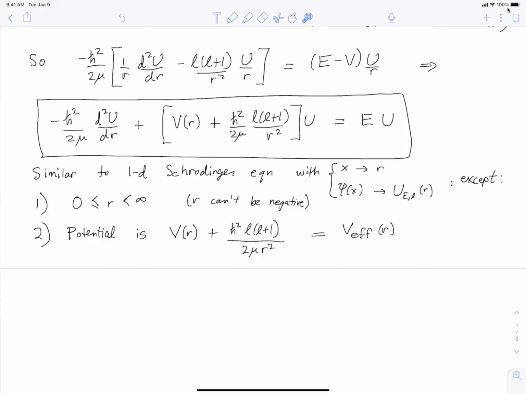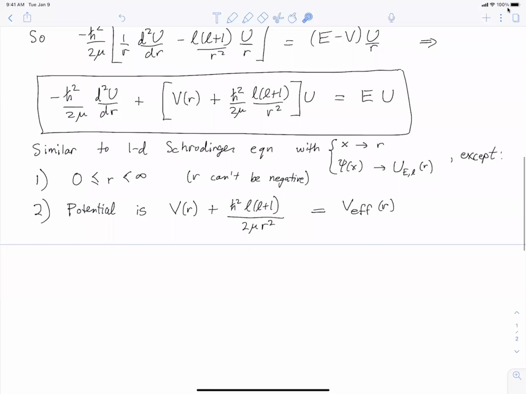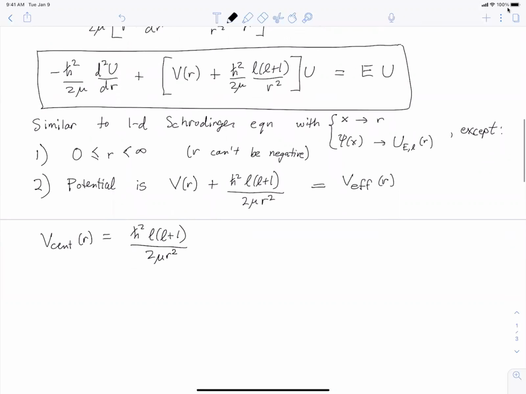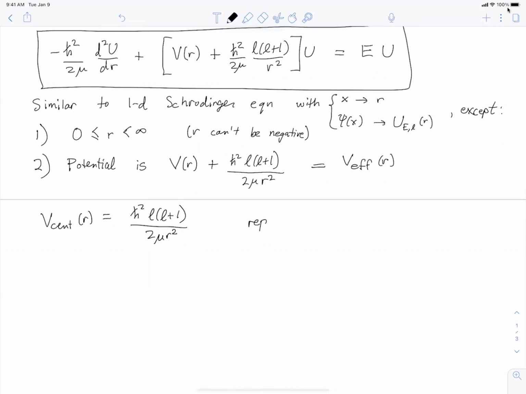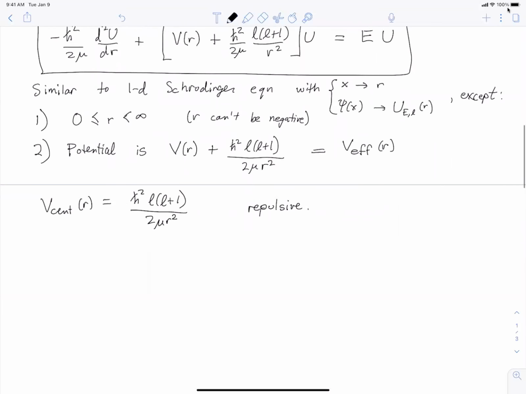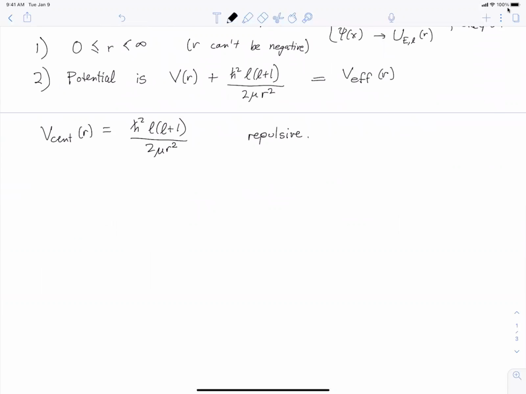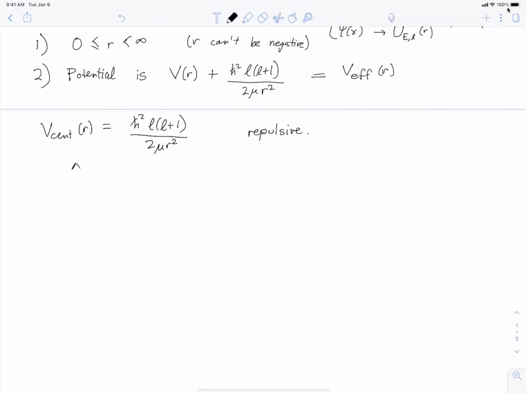Okay, and that part is called the centrifugal potential. It's what you add to the normal potential to get the total effective potential. And notice that it's always repulsive, because L is a non-negative integer. So at best, it does nothing, which is the case when L equals 0.